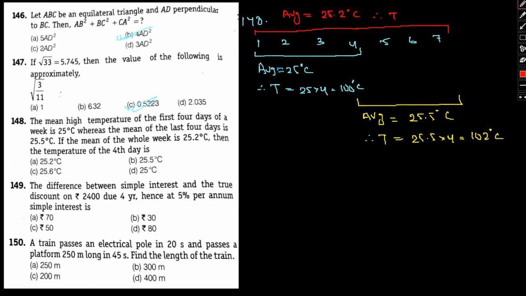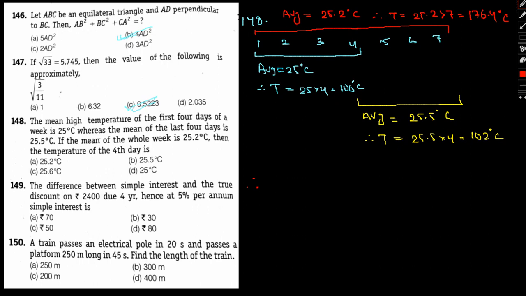Therefore the total will be 25.2 into 7, that is 176.4 degrees Celsius. Now what we need to find is the temperature of the 4th day.